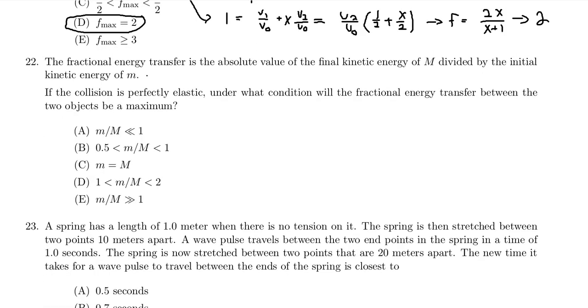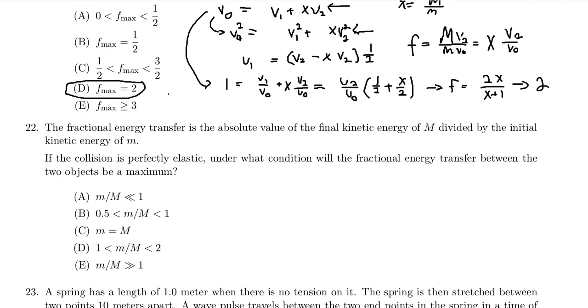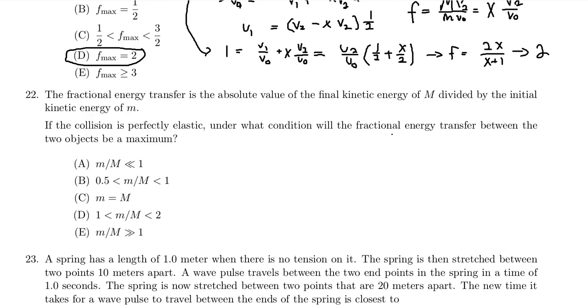Now onto problem number 22, and we're basically considering the previous example, but we are looking for the fractional energy transfer. So this is basically the same thing as we were considering before, but now we have both of the velocities squared. So v2 over v0 squared.